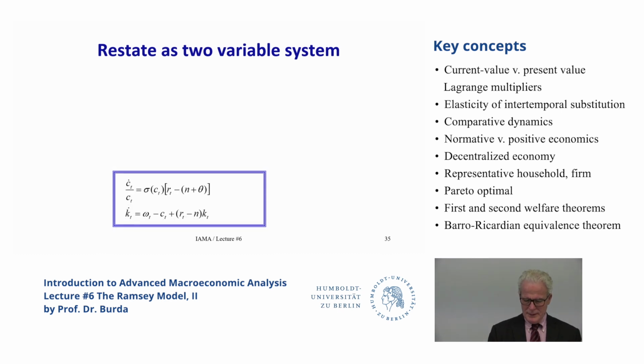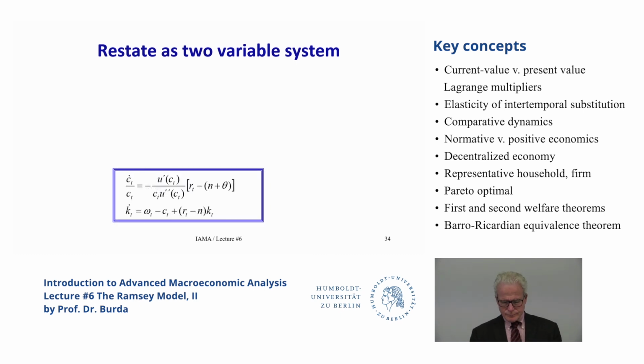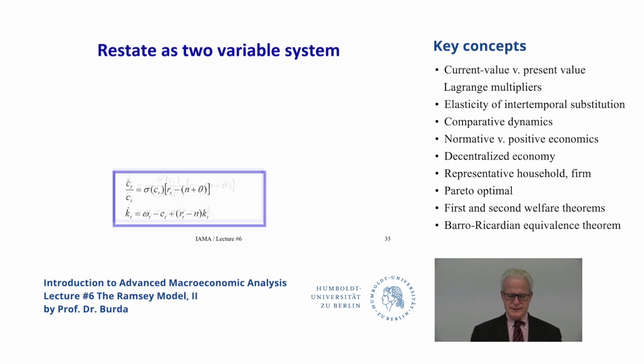So if we define R_t as the marginal product of capital net of depreciation, then we effectively have derived the same first order conditions that we had before, except they're now involving market prices rather than planned quantities that the central planner would have chosen.